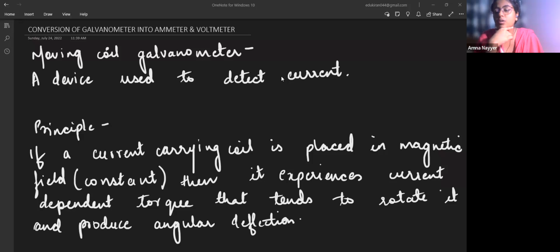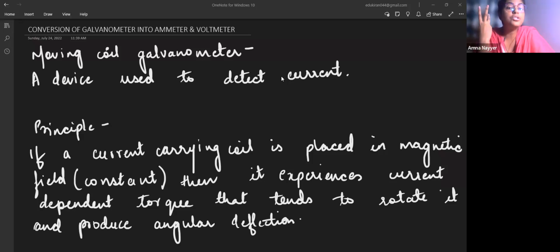And I'll show you the structure also, how it works. So that there will be a deflection in the coil, just a deflection in the pointer. So if there is a deflection, even a slight deflection or a huge deflection will tell you that yes, in your circuit, in your system, current is existing.